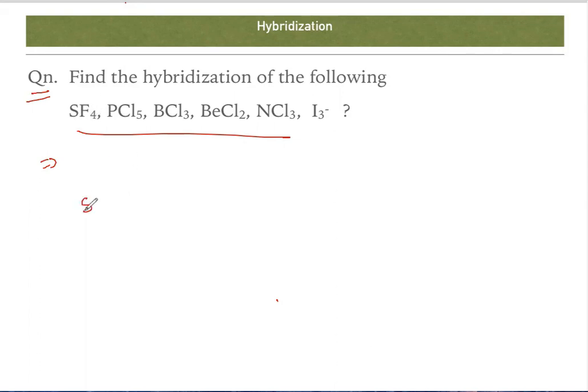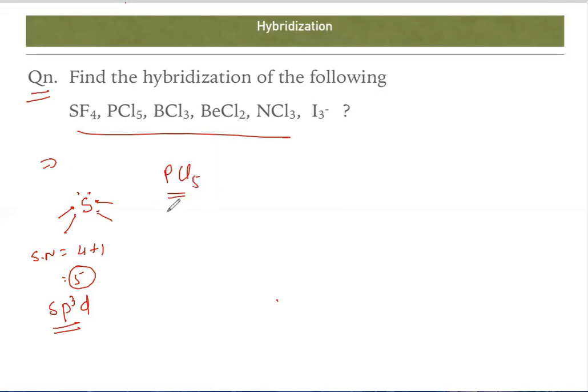As we already know, sulfur has 6 electrons in its outermost valence shell and 4 are occupied. 1, 2, 3, 4. So just count the steric number. Steric number is 1, 2, 3, 4: 4 sigma, 1 lone pair. So 4 plus 1, that is 5. So with steric number 5, what is the hybridization? sp3d.